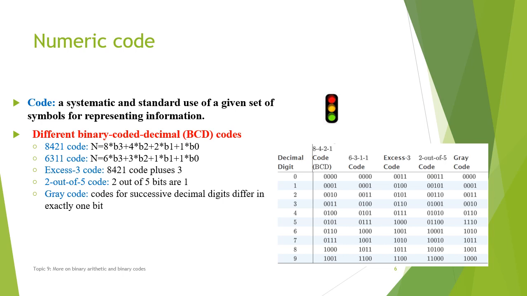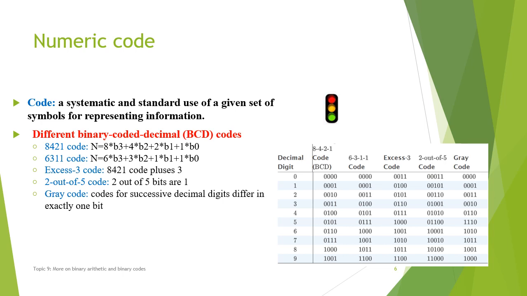Okay, and for binary, we have different code systems, and the most commonly used one is the binary coded decimal system. And there are different kinds of BCD code. The most commonly used one is the 8421 code. Basically, it uses four binary digits, or a 4-bit binary number, to represent some information. Okay, in here, the information is a decimal number.